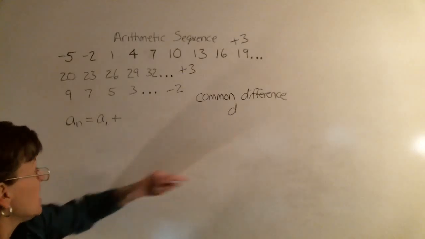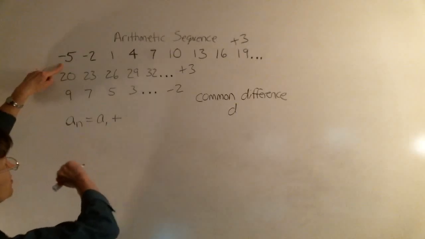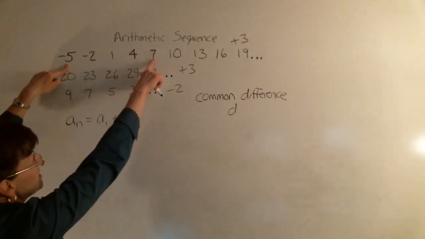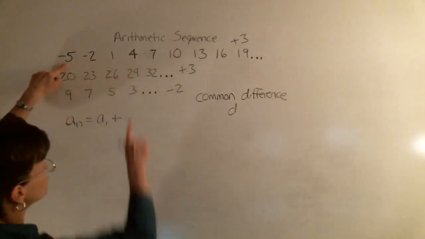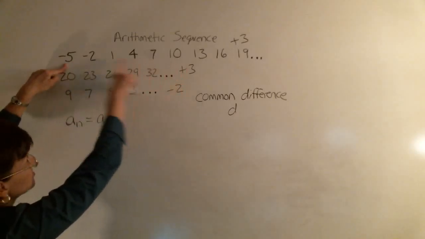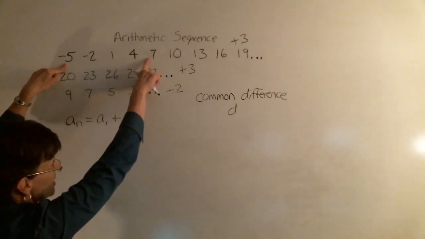Well, how many times are we going to add it to find the nth term? Well, let's look at this first sequence for an example. So here's my first term, it's negative 5. If I want to get to 7, 7 is the 5th term. 1, 2, 3, 4, 5. 7 is the 5th term. And look, I add D, I add plus 3, 1, 2, 3, 4 times.